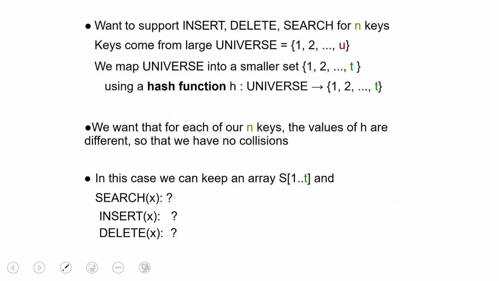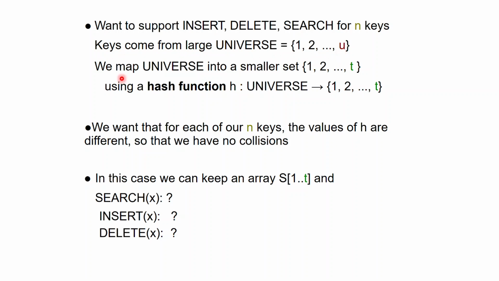So if you are in this lucky situation, then you can support insert, delete, and search for n keys using hash functions. Here is the setup. The keys are coming from a large universe. Think of integers from 1 to u.